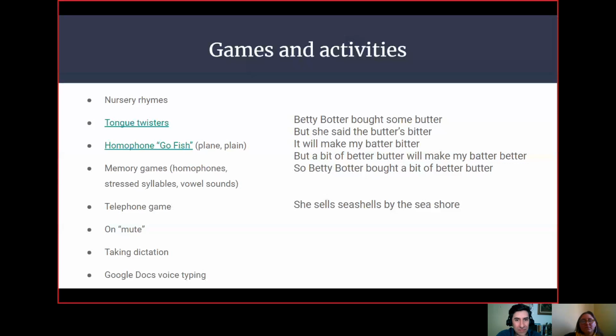You can turn your microphone on mute and practice really exaggerating the shape of your mouth to make the sounds, and give your student a list of maybe 5 sentences. Then you go on mute, say them, really exaggerating the mouth movements, and see if they can guess what you're saying.